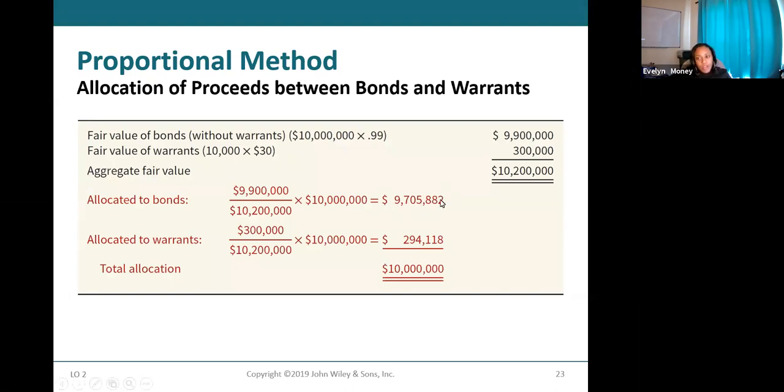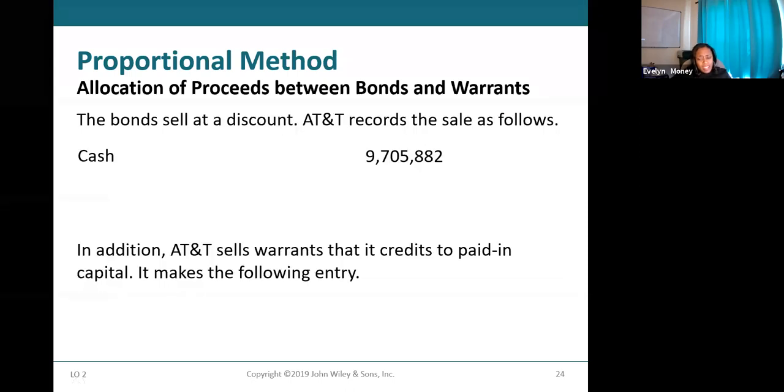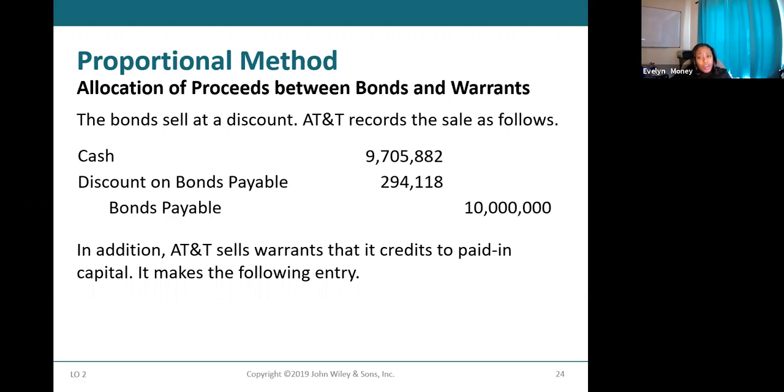So when we find this number, this becomes our cash proceeds. So we debit cash and we credit bonds payable at the par value. Because those two numbers are not equal, we find that the bonds were actually issued at a discount.